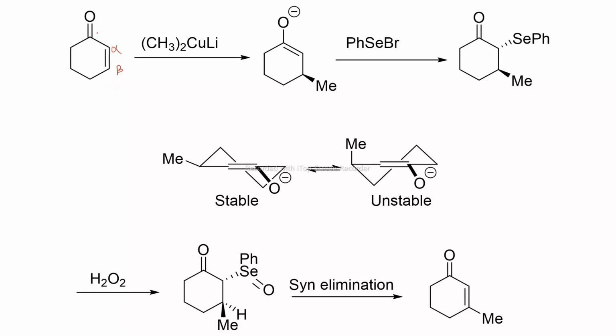We can number it like this: 1, 2, 3, 4. When the nucleophile is coming, it can attack at the 4 position or at the 2 position.